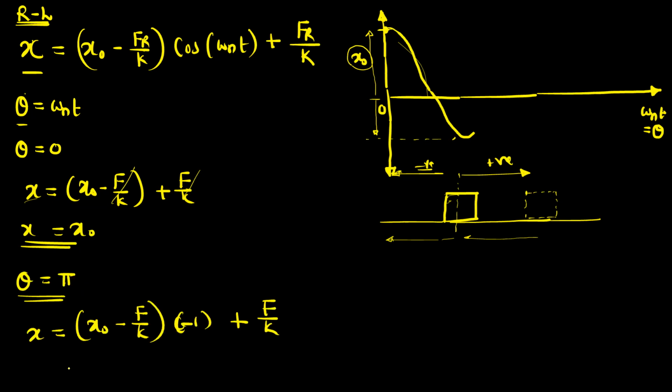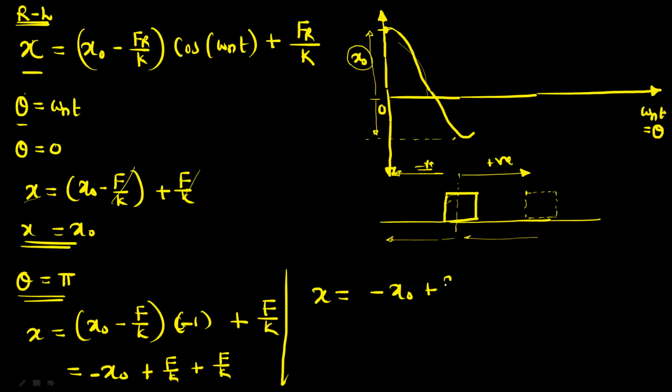So you will get the equation as x0, this will become minus, this is plus f upon k and plus f upon k. So the equation for x is equal to minus x0 plus 2f upon k. And if you take the minus sign as common, then we will get minus of x0 minus 2f upon k.